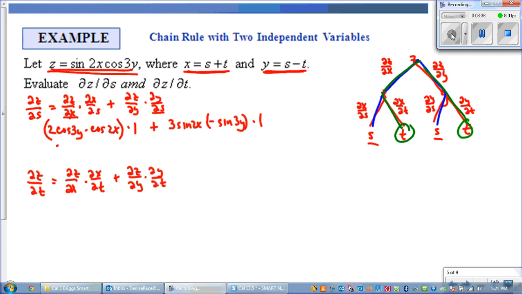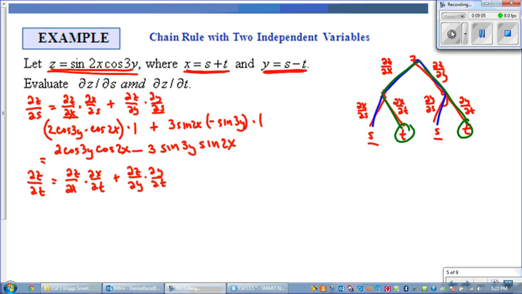So we have 2 cosine of 3y cosine of 2x minus 3 sine of 3y sine of 2x. Now, if you want to leave this in terms of s and t, the independent variables, we can change the x's and y's over to s's and t's.